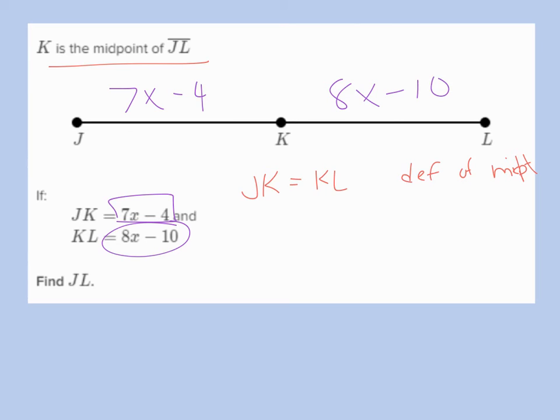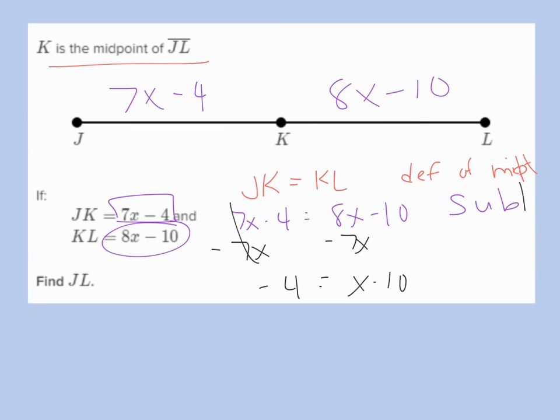So therefore, 7x minus 4 equals 8x minus 10 by substitution. Now I'm just going to use algebra, so the subtraction property of equality.